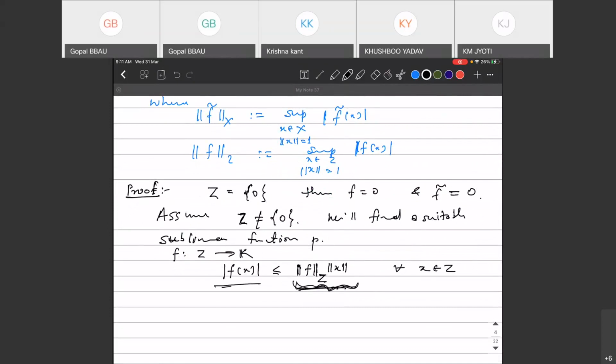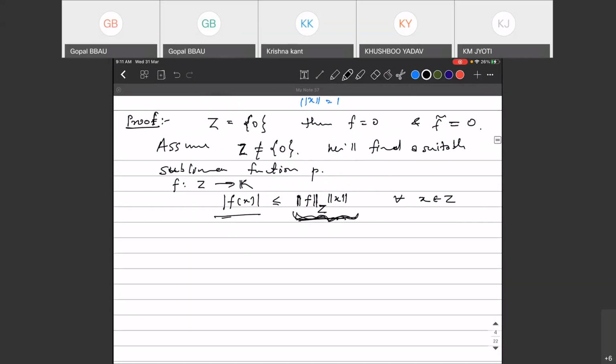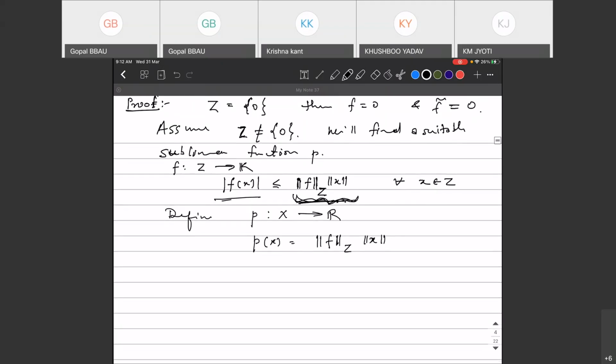So we will define p on X by p(x) equal to norm f times norm x. Define this. So clearly p is sublinear.